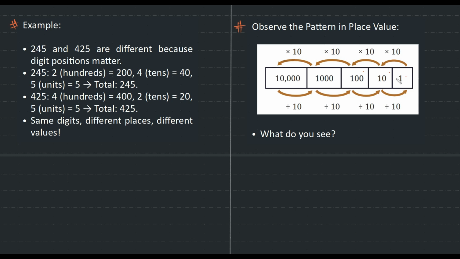Is it not? When we move to the higher position, we are multiplying with 10. So 1 into 10 is 10, 10 into 10 is 100, 100 into 10 is 1000. So that's what I mean: when we move to the next, higher position, we multiply with 10. But if you are already at a position and you have to go to the immediate lower position, what should we do? We should divide with 10.